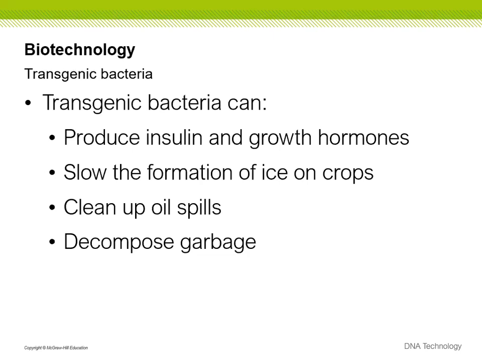We can use it to clean up oil spills. We can use it to decompose garbage. One big thing they're trying to do right now is to decompose plastic. That's one of the lead-in fields people are using bacteria for now. They're trying to create something that can digest plastic. That would solve an immense pollution problem, for example.